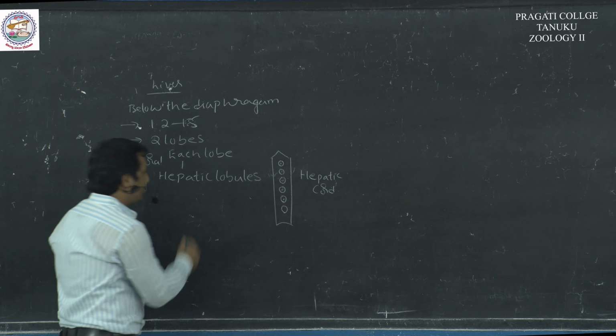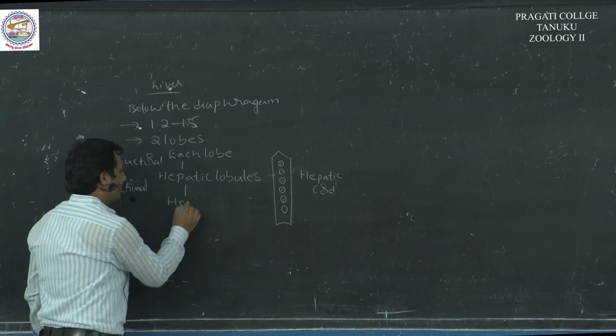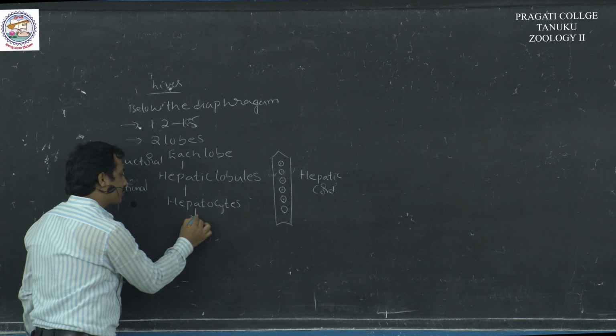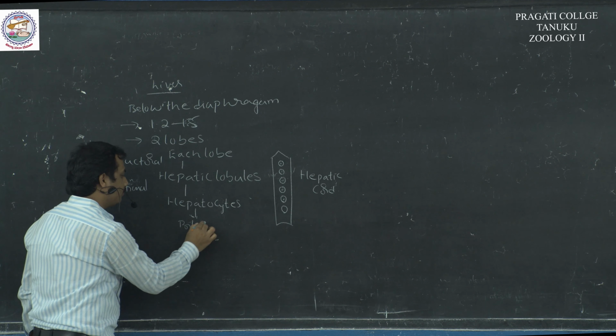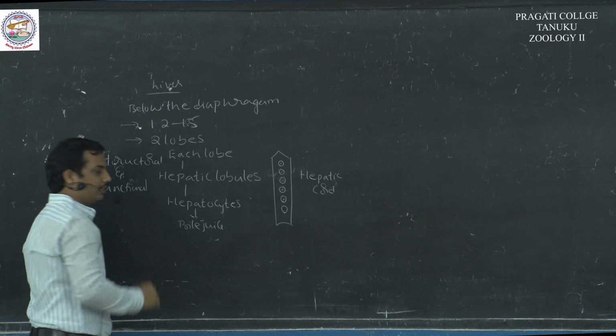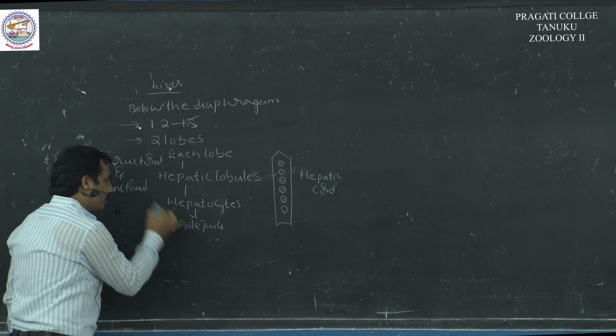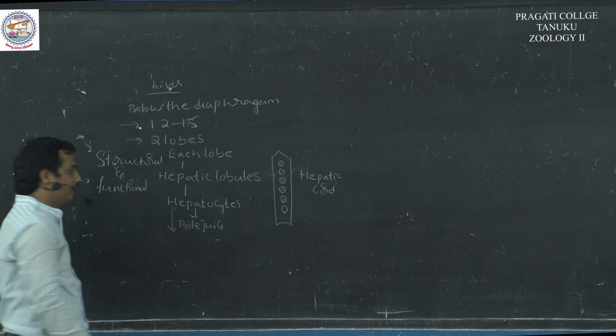These hepatocytes produce bile juice. They contain a duct called the hepatic duct.